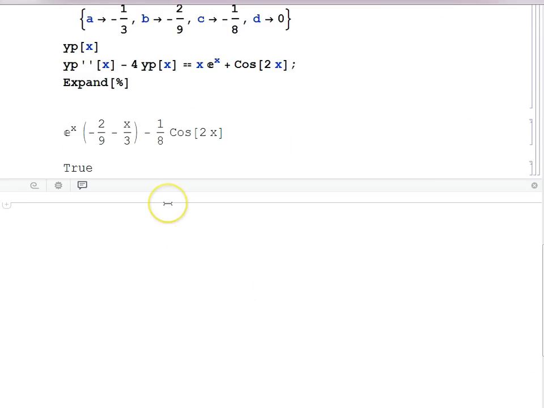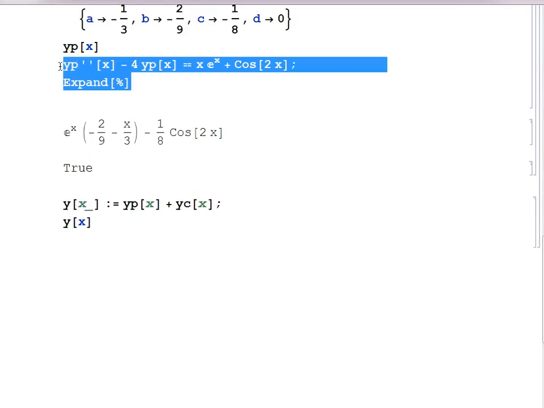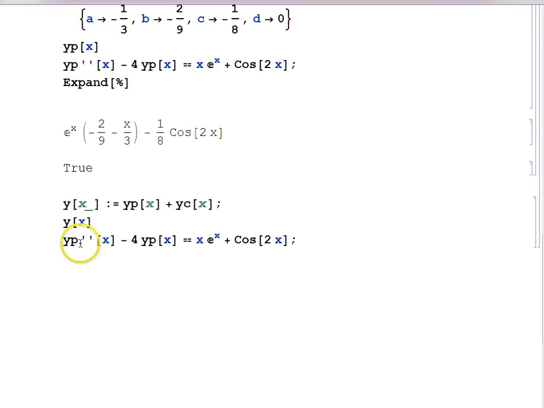And so my general solution is that. And we will first check to see what that looks like, and then we will plug it into the general equation and see if it works, except we get rid of all these p's and we just do it in the general equation.